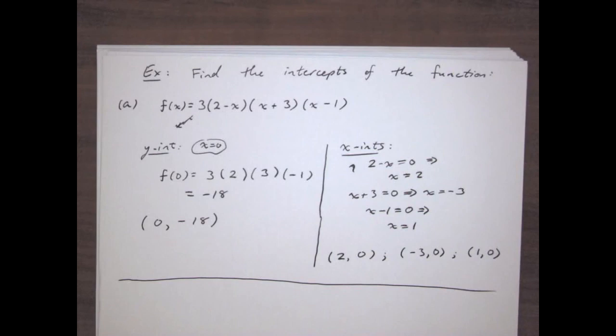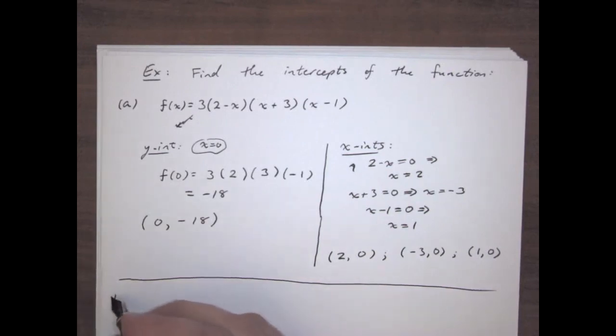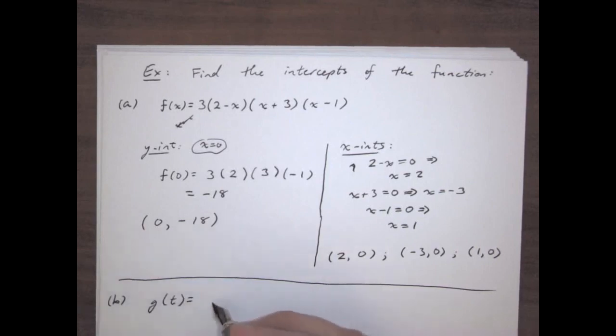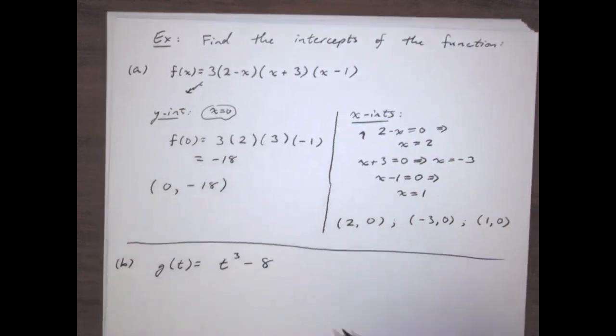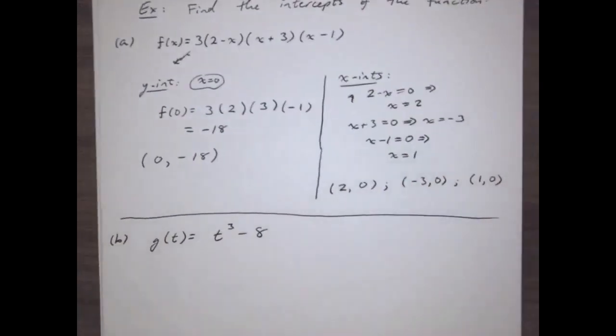Okay, now let's try one like this. G of t is equal to t cubed minus 8. So here it's not written in factored form, but we're going to treat this just like one factor basically.